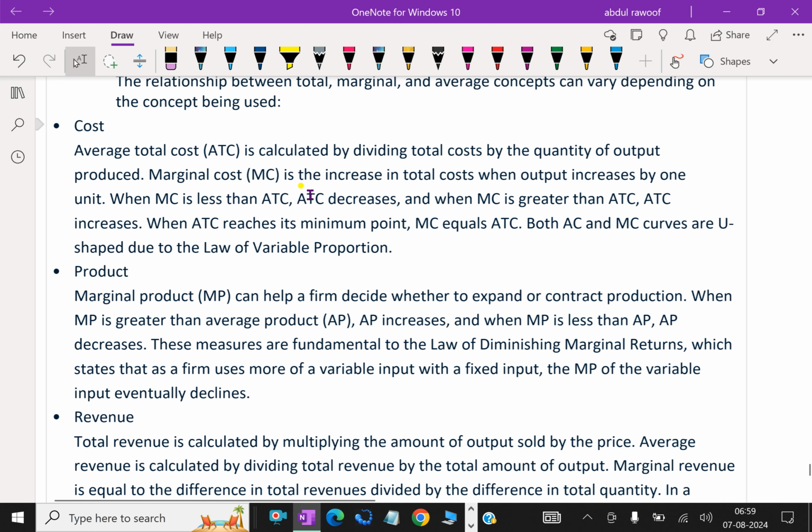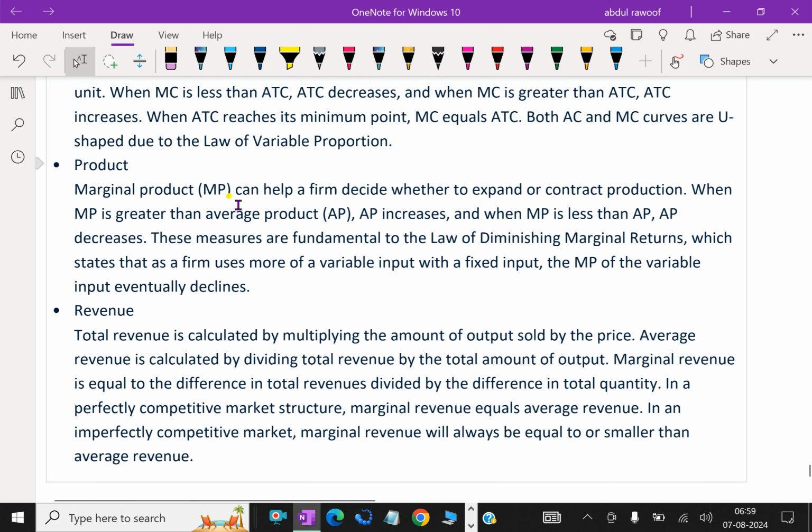Marginal cost, MC, is the increase in total cost when output increases by 1 unit. Marginal product can help a firm decide whether to expand or contract production, whether we have to increase or decrease the production.